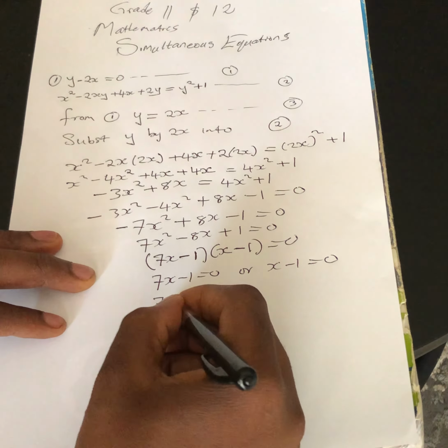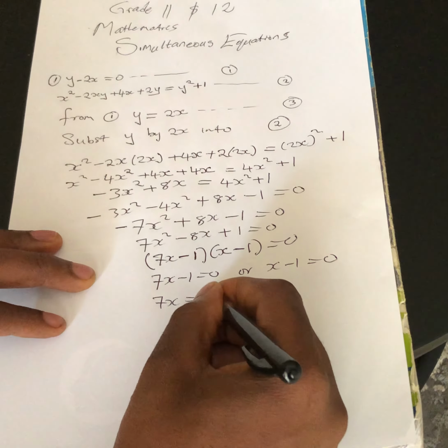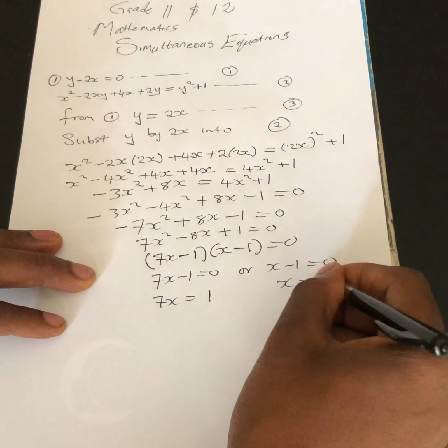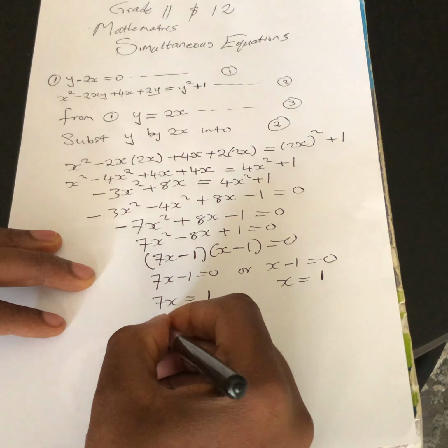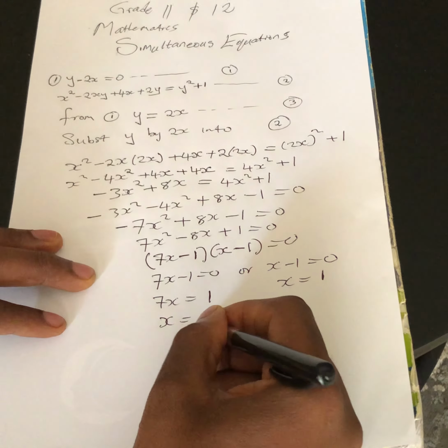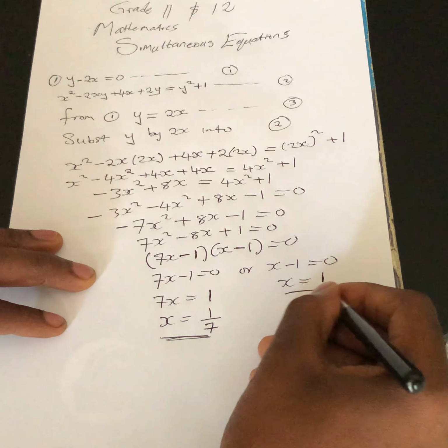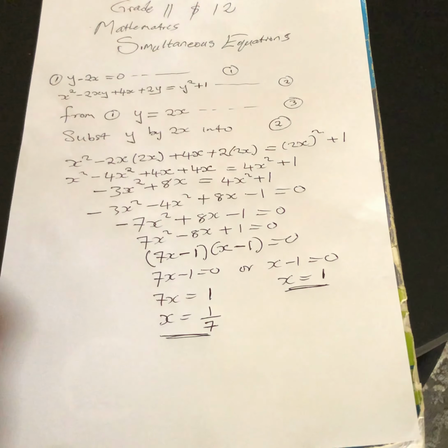And then 7x is equal to positive 1. x is equal to 1 over 7. So these are the values of x. x is equal to 1, or x is equal to 1 over 7.